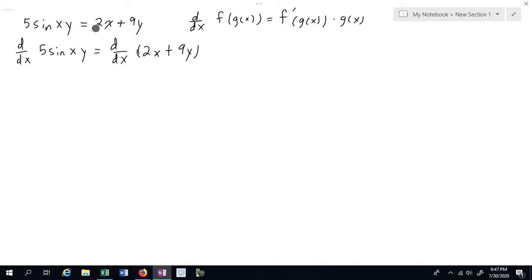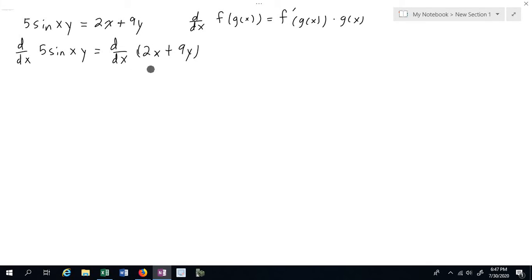Since they're equal up here, these two are equal. When I take the derivative of the left side with respect to x, as long as I take the derivative of the right-hand side with respect to x, then they'll remain equal. Whatever I do to one side, if I do it to the other, it maintains the equality of the two. So they're still equal.